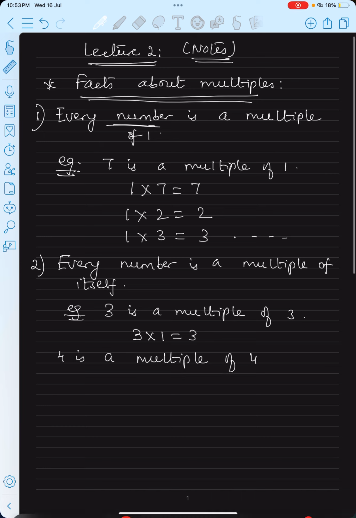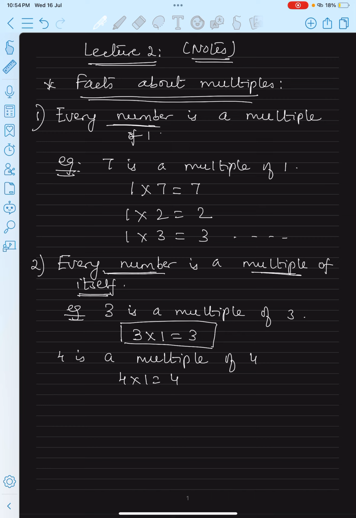How will I do that? 4 1s are 4. So if a statement is given to you that 3 is a multiple of 3, then in the mathematical order you can write 3 1s are 3. This shows that every number is a multiple of itself.